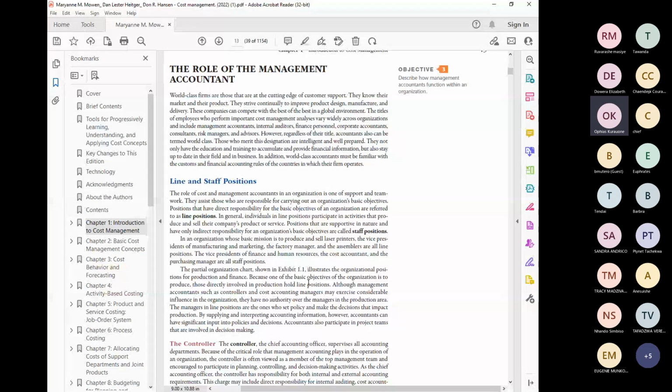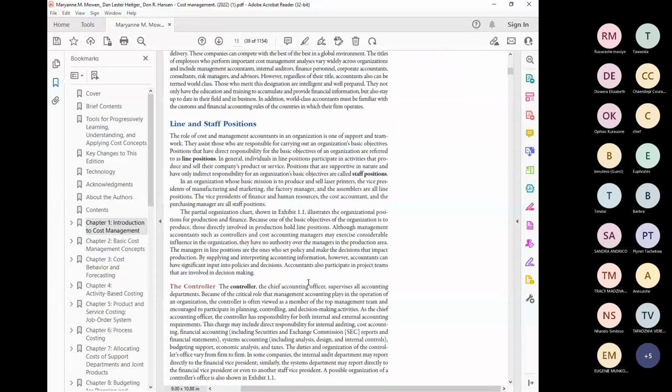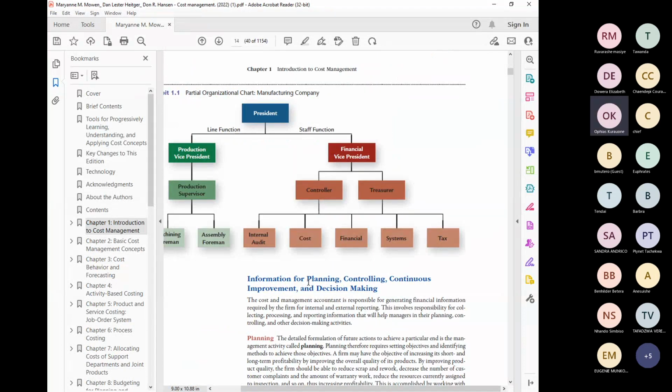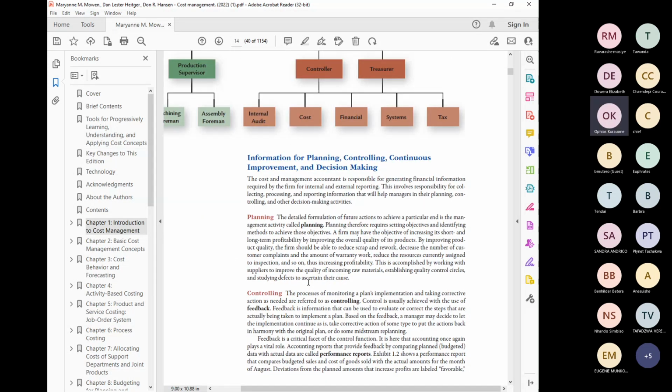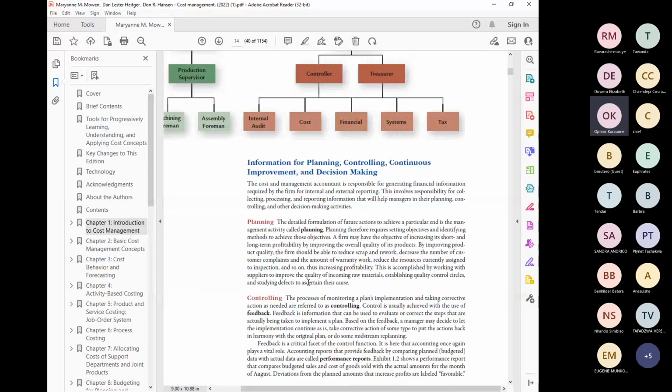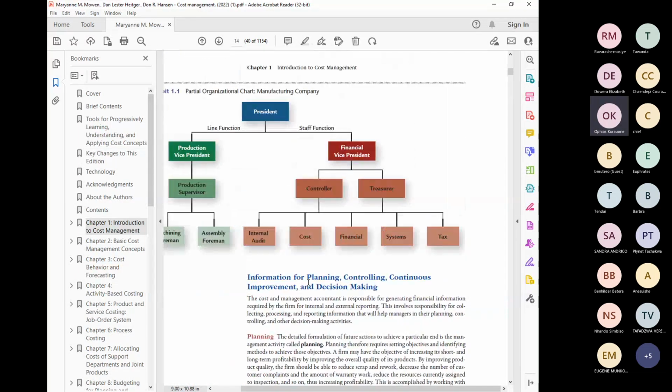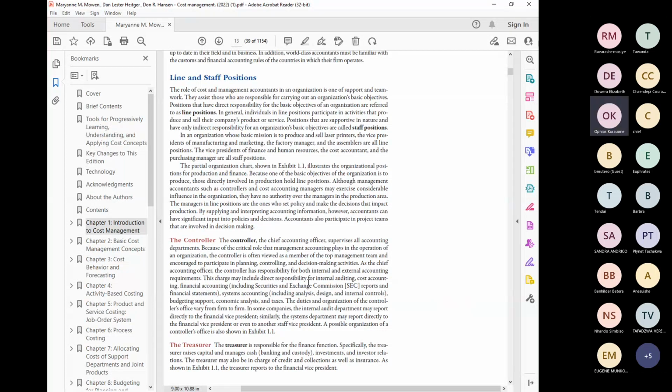Then your role as a management accountant. We need to understand what your role is. You're the controller, you're the treasurer, you're controlling costs. But some people don't want to be told. Don't tell people they are rusty, or that you are new from school and they don't know what they're doing.